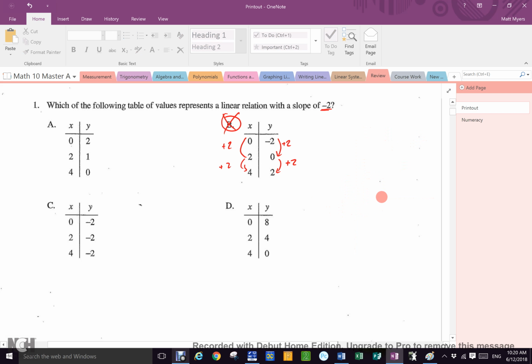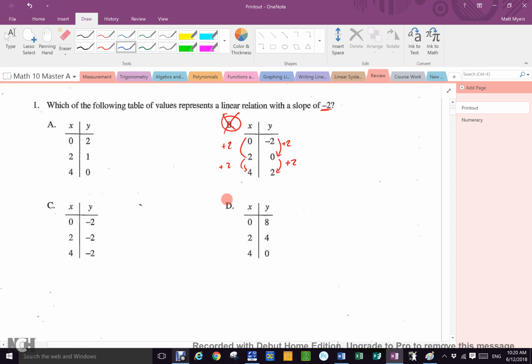Who else would like to take a crack at it? Michael thinks it might be D. Now, how could we prove it? We could graph it. 0, 8. Everyone cool? 2, 1, 2, 1, 2, 3, 4. Cool? Okay, how far down did I go?